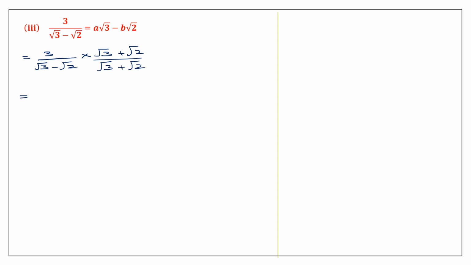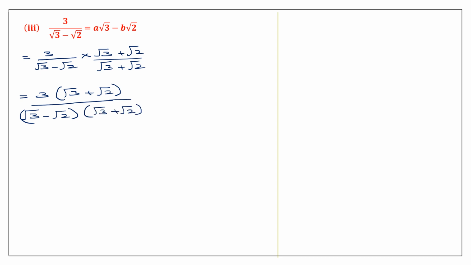So this becomes 3 into root 3 plus root 2 in the numerator. In the denominator, what do we have? We have root 3 minus root 2 into root 3 plus root 2.